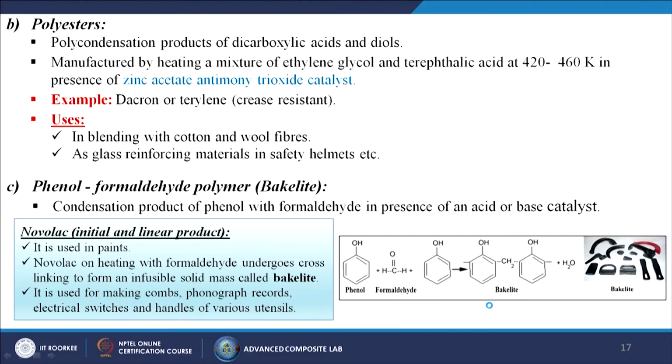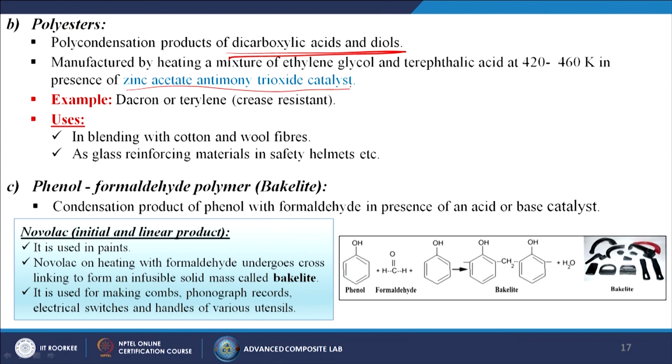Then another example is polyesters. From the name itself we can assume that they are polycondensation products of dicarboxylic acids and diols. It is manufactured by heating a mixture of ethylene glycol and terephthalic acid at 420 to 460 Kelvin in the presence of a zinc acetate and antimony trioxide catalyst.